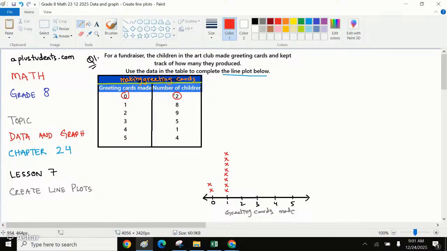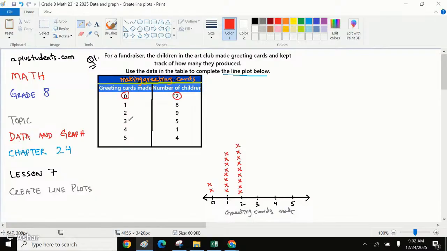Then we have 2 greeting cards made by 9 students. So we can say 2 greeting cards were made by 9: 3, 4, 5, 6, 7, 8, and 9.